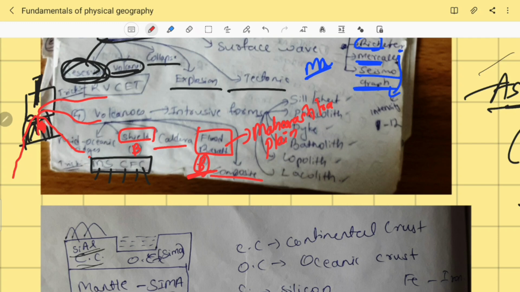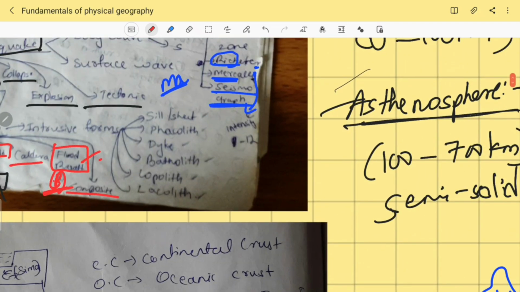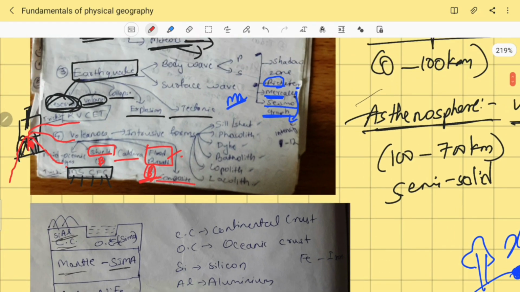When lava is trying to escape to the surface of the earth, but in the middle itself it solidifies, those are known as intrusive forms of volcanoes. In intrusive forms you have again different types: sill, phacolith, dike, batholith, lopolith, and lacolith.